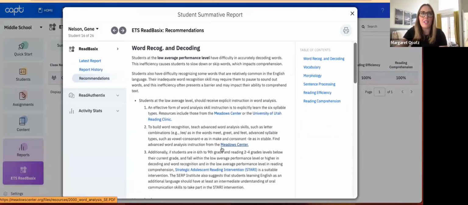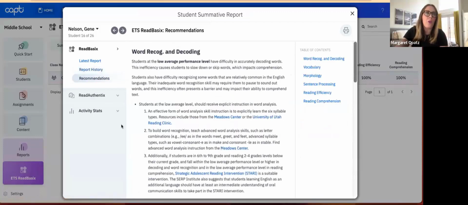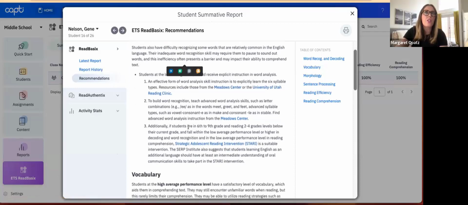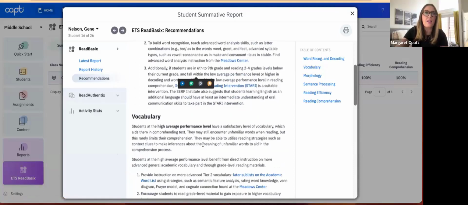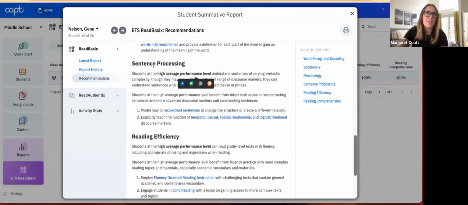So as far as the recommendations go, when students complete the assessment, they will get specific recommendations on their performance level. So here, Jean is still at that low average on word recognition and decoding. So the recommendation would be for Jean to get some word analysis skill. I'm going to go down to sentence processing since that's what we're talking about.